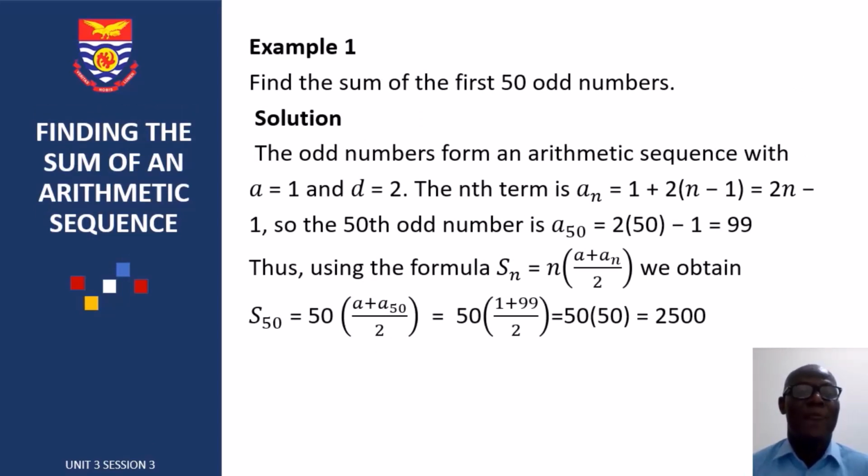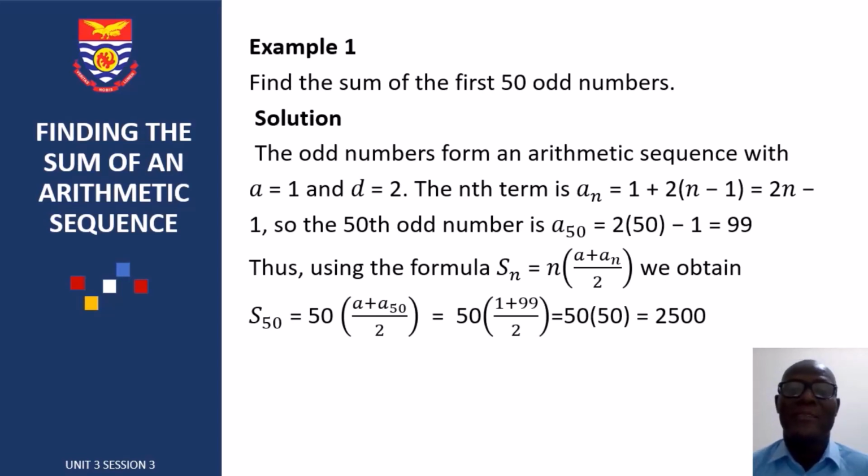Finding the sum of an arithmetic sequence. Example 1. Find the sum of the first 50 odd numbers. Now, for us to find the sum of the first 50 odd numbers, we have to find the sequence formed by these odd numbers.